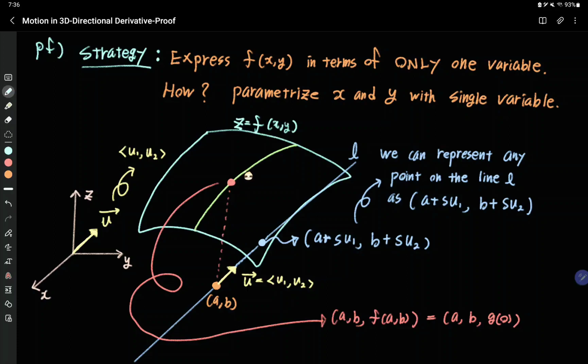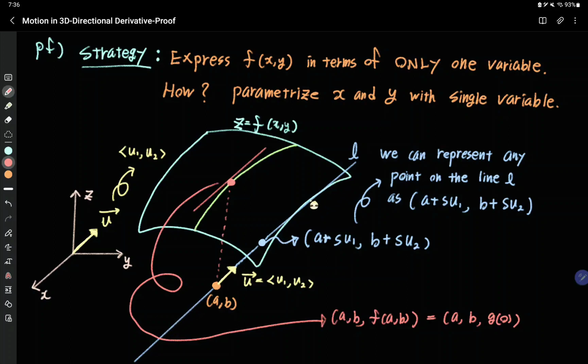Let's say we want to find the directional derivative of f along that unit vector u. It means that we want to find the slope of the tangent line along that curve. This curve is the intersection of the curved plane with the dotted line.